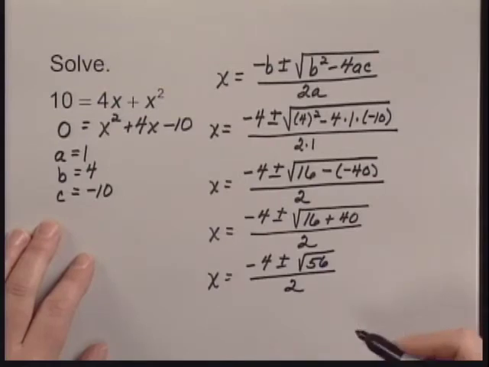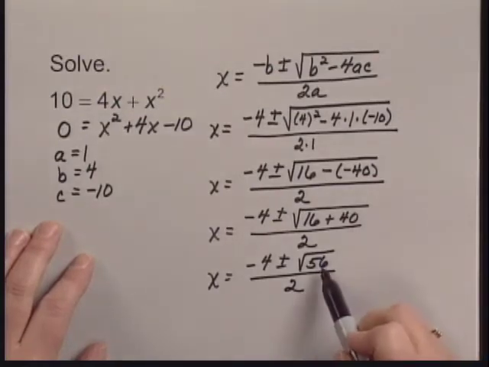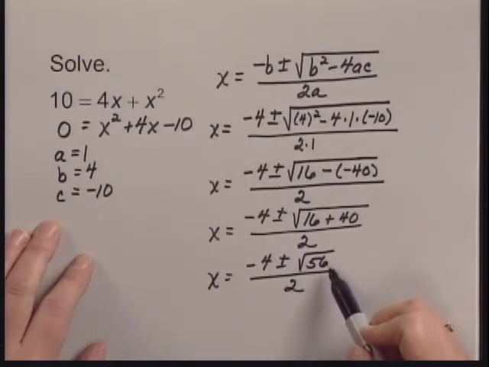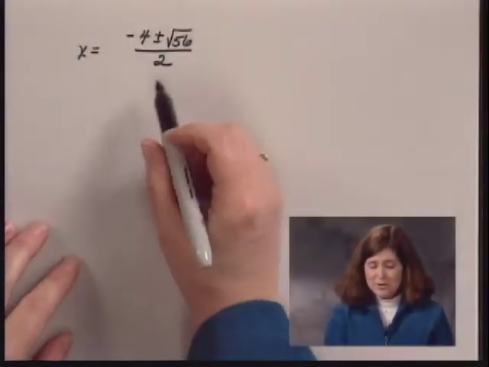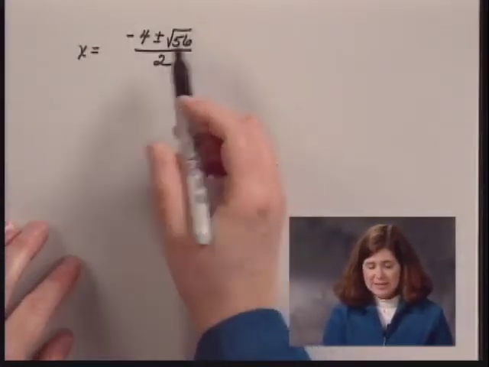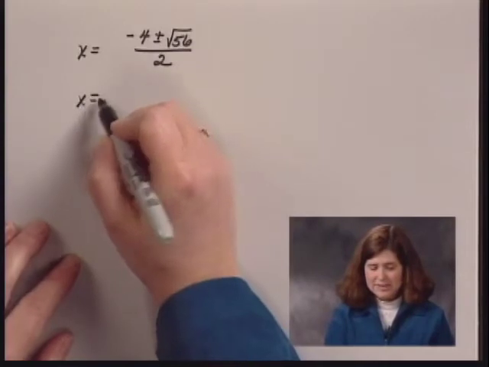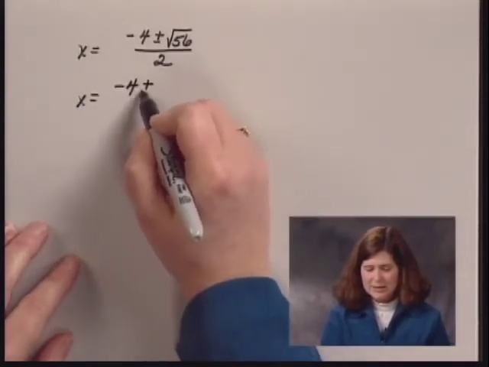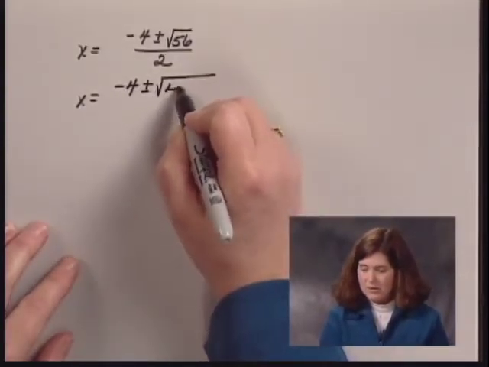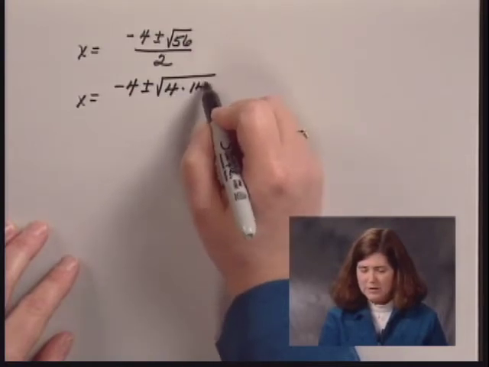When I get to this point, I need to ask myself, is there any way I can simplify the square root of 56? 56 does have a perfect square factor, so I can simplify. So what I do is I factor 56 as 4 times 14.